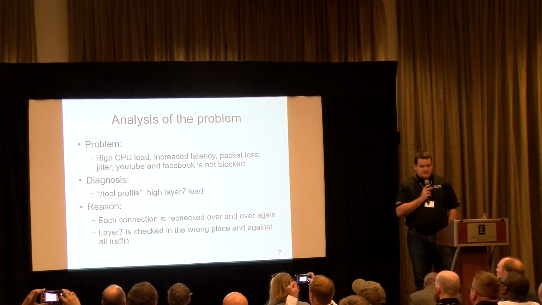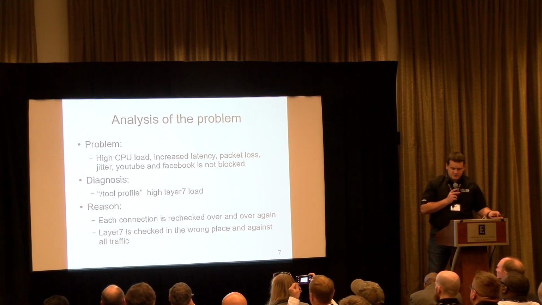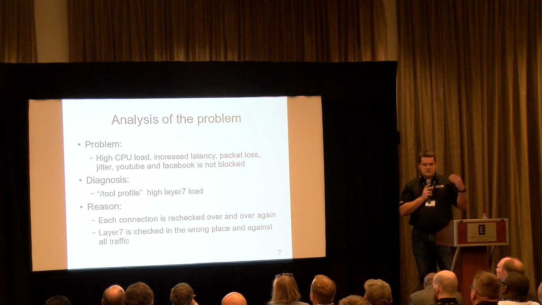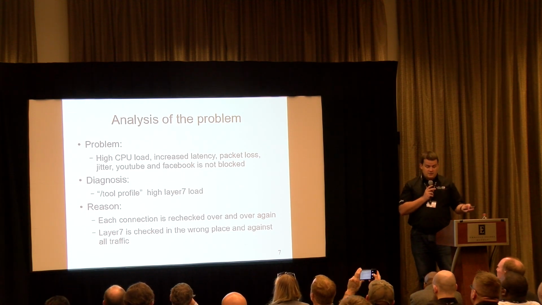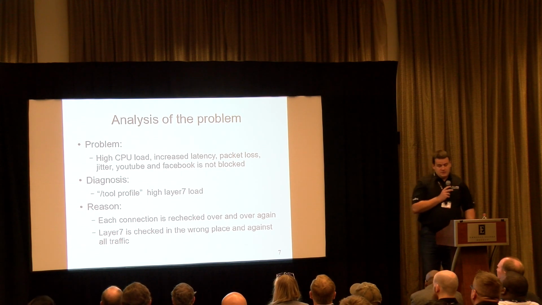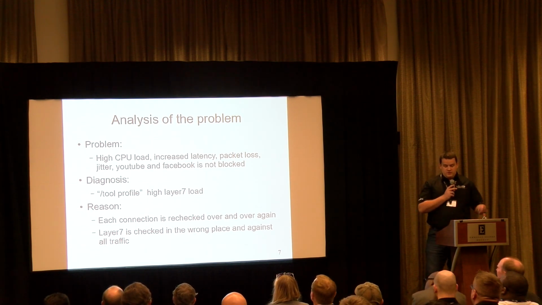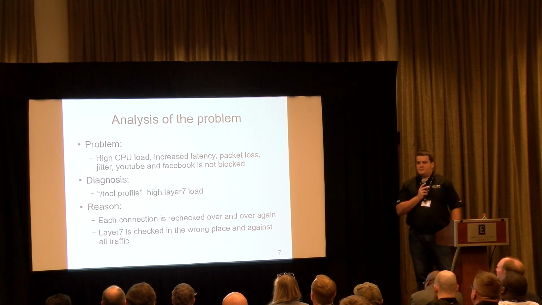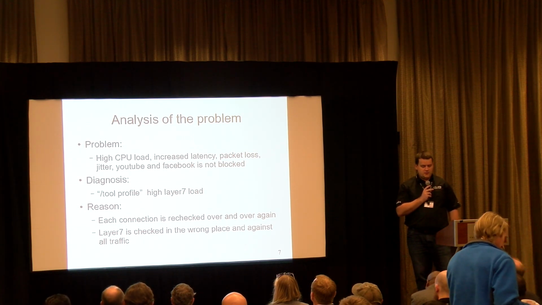The client sees high CPU load, increased latency, packet loss, jitter, and YouTube and Facebook are not actually blocked. So you have a load, but you don't have an effect. If you take a look at tool profile, you see high layer 7 load. And the reason is very simple.